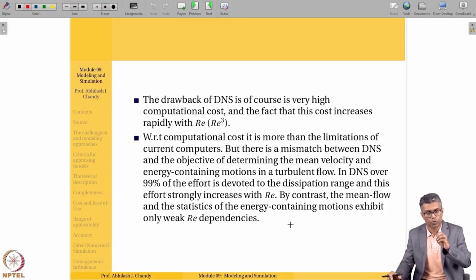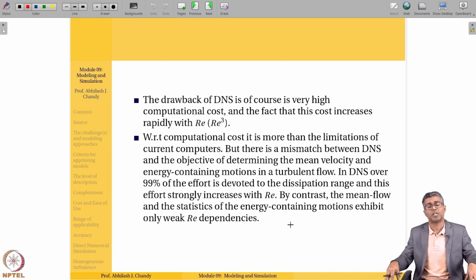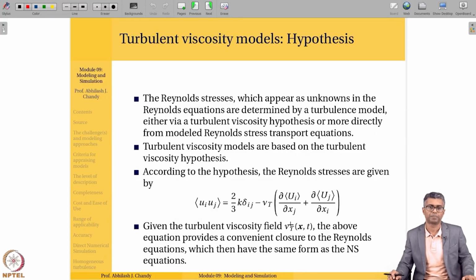Again, those numbers are arbitrary right now, and not exactly correlated, but I'm just telling it to you as an example. You are spending 90% of the cost on capturing 10% of the energy. So why not just spend 10% of that effort on capturing 90% of the energy? So that is with regard to DNS.